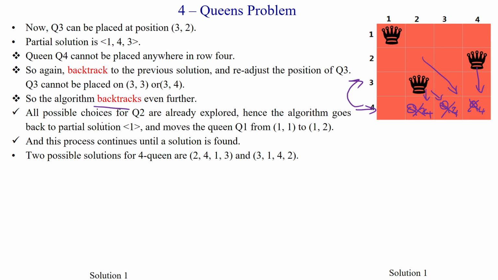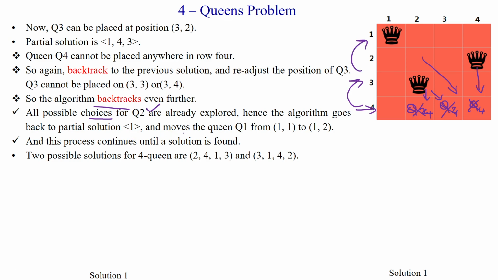In the backtracking approach we are making the possible choices. Queen 2 is already explored, so we go back to the previous step.